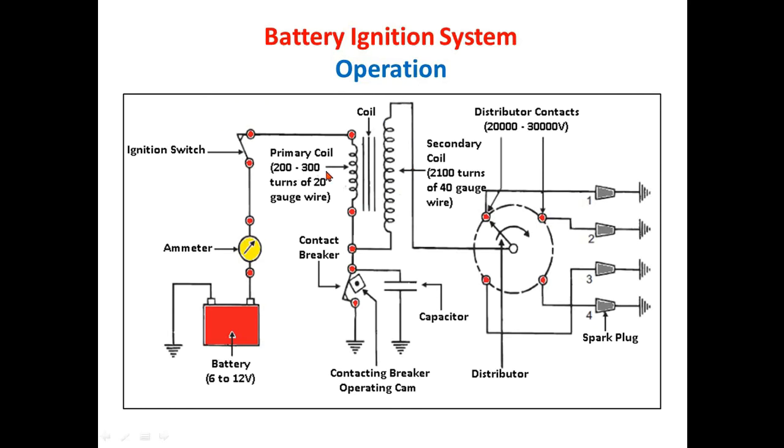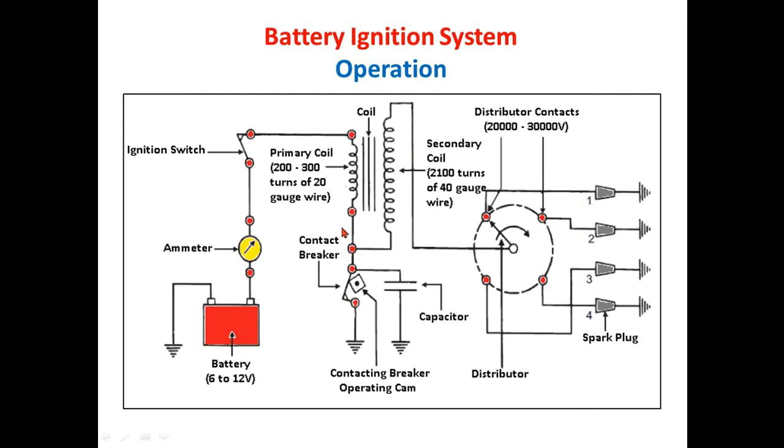Then we have the ignition coil, which comprises a primary coil and a secondary coil. The primary coil is generally of 200 to 300 turns of 20 gauge copper wire. Secondly, we have the secondary coil, which is of 21,000 turns of 40 gauge wire. Together, this is an ignition coil.